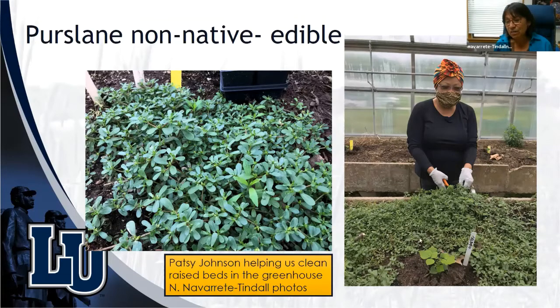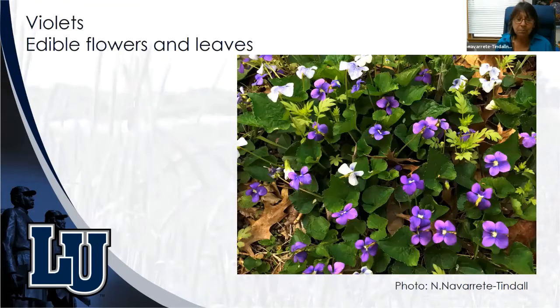And here, see, it's being used not only as food, it can be used also as a companion plant. It helps to protect these raised beds from losing water too fast. So it helps to protect the soil from water loss.